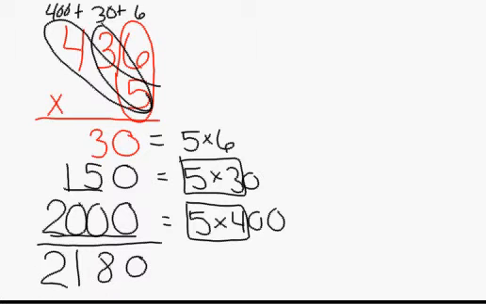Okay, so I'm going to give you one to do by yourself. Try to follow that same pattern that we just did. So let's try one by yourself, and I'll kind of help you out a little bit as we go, but we'll still time it. So let's do 125 times 3.